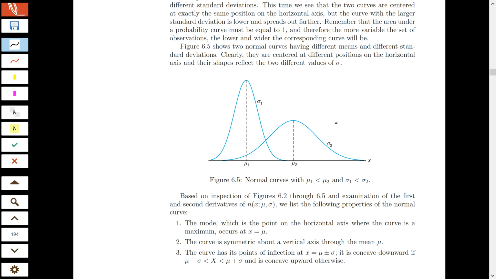And here you have both, so not only the means are different, but the variances are also different. In the second plot, not only is the mean larger than the previous one, but it has a larger uncertainty.